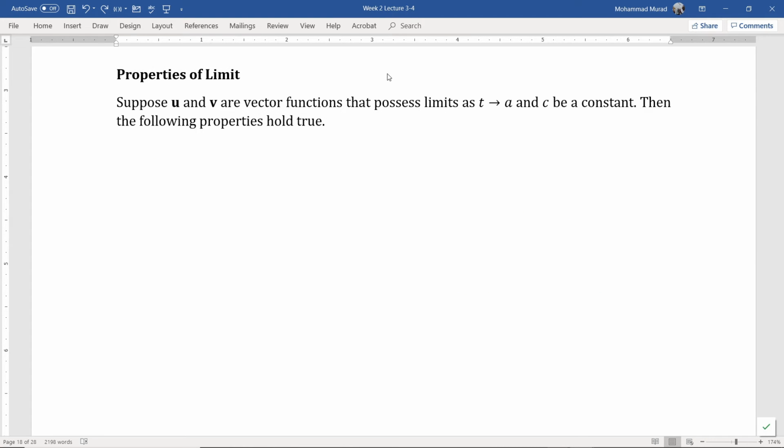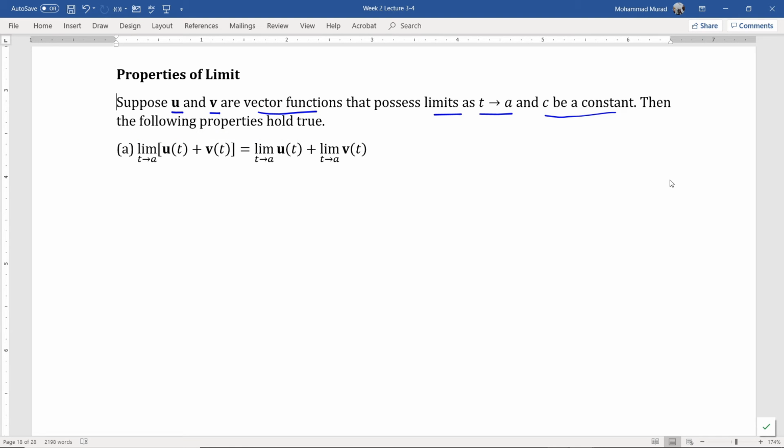Properties of limits. Suppose u and v are two vector functions that possess limits as t approaches a, and c is a constant. Then the following properties hold true.